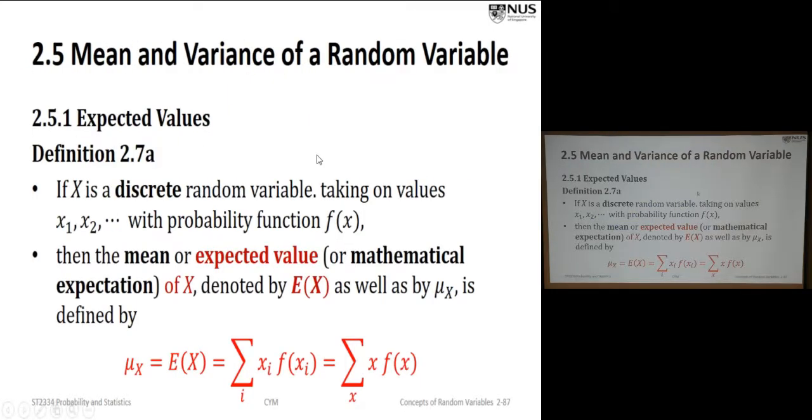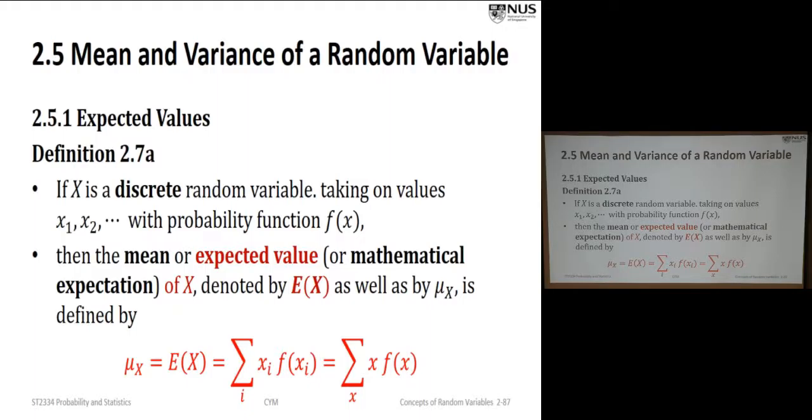Okay, so we spent a lot of effort on how to find a probability given the probability density function f of x. Then we also talked about the cumulative distribution function.